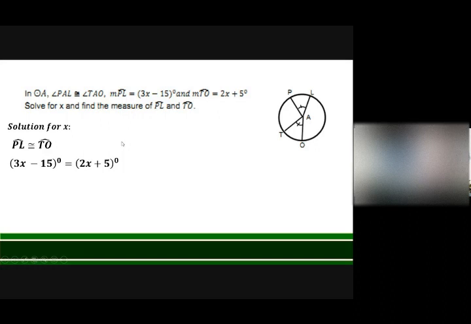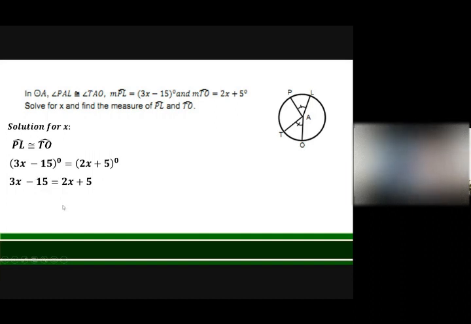Now, let us try to solve for x. So, we have 3x minus 15 equals 2x plus 5. Okay? So, in this case, let us try to use the transposition method. Transpose natin si 2x from right going to left and si negative 15 from left going to right.